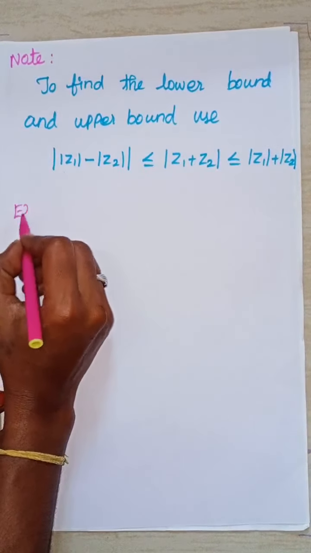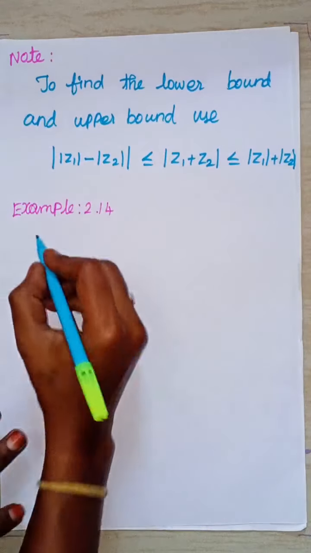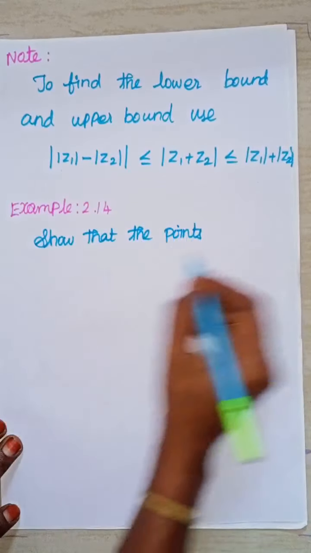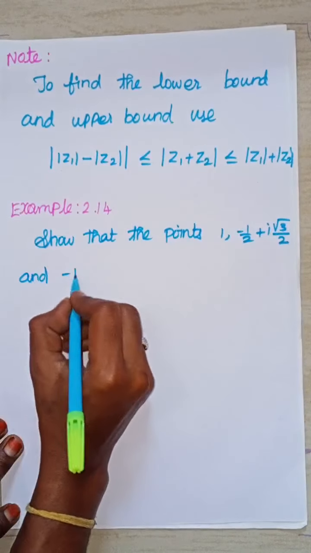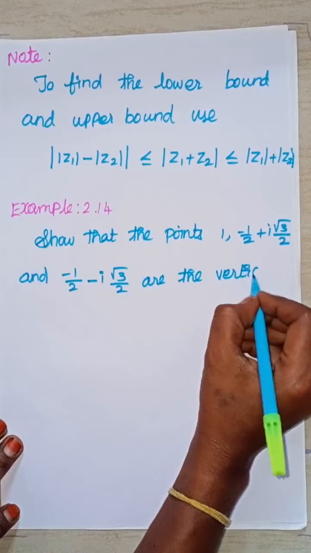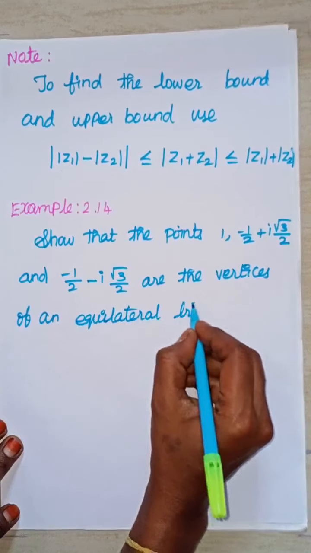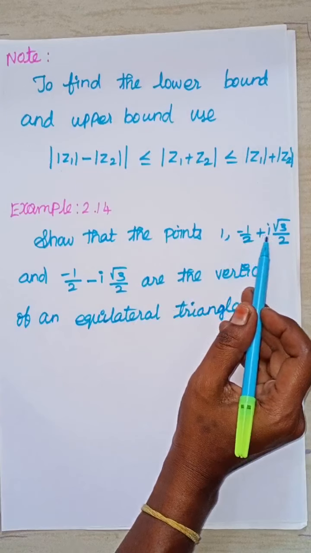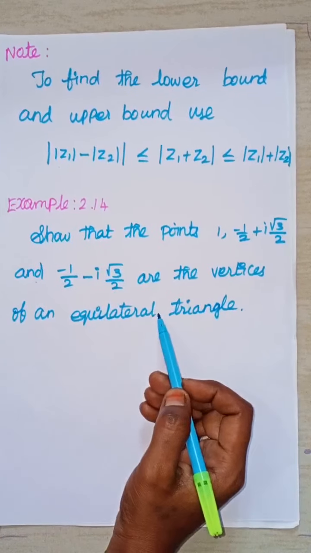Next, see example 2.14. Example says, show that the points 1, minus 1 by 2 plus I root 3 by 2, and minus 1 by 2 minus I root 3 by 2 are the vertices of an equilateral triangle.